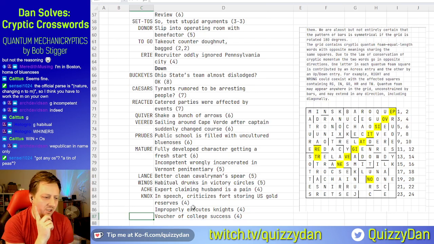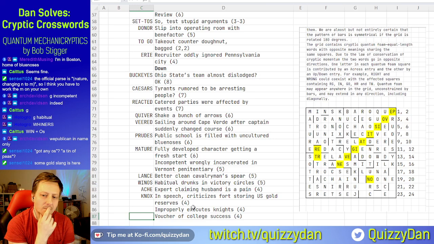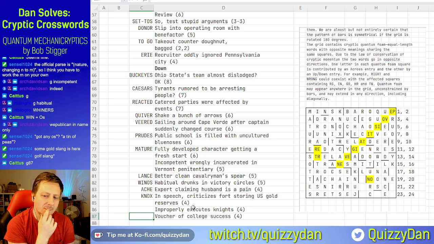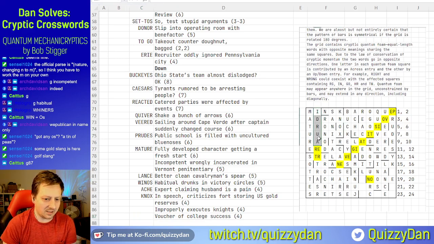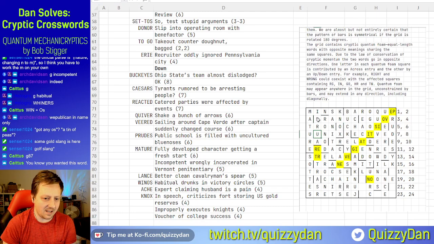Voucher of college success. Success is a win, but we've already used the word win. So I'm currently looking at something like that. Is there going to be a line there?